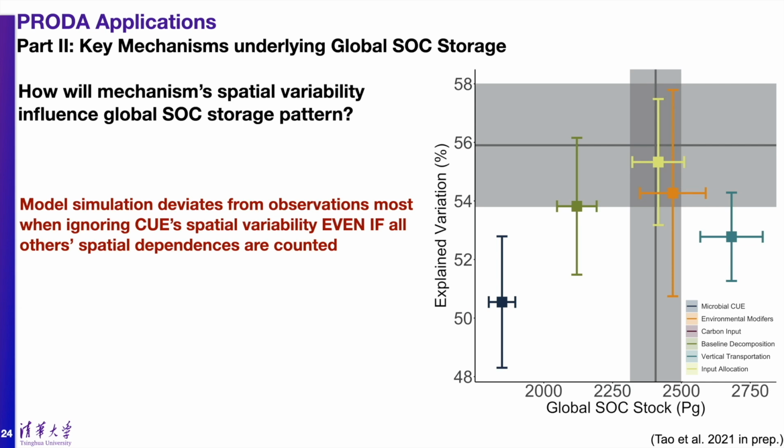The result shows very clearly that the spatial variability of carbon use efficiency is the most important to both global soil organic carbon stock and its spatial patterns. We can see from this figure that when ignoring the spatial variability of carbon use efficiency, the final simulation will deviate most from our best estimates by the product approach.